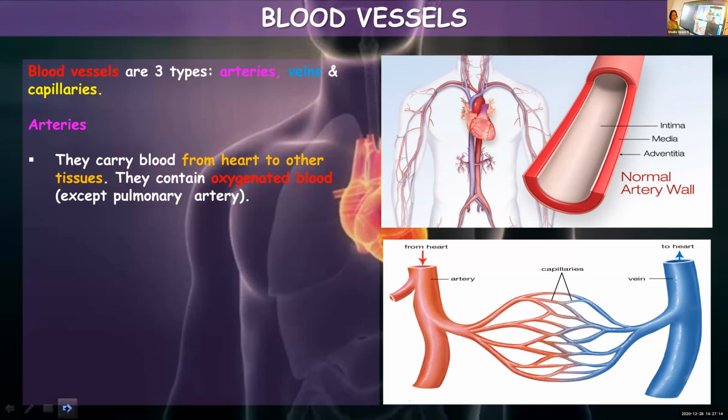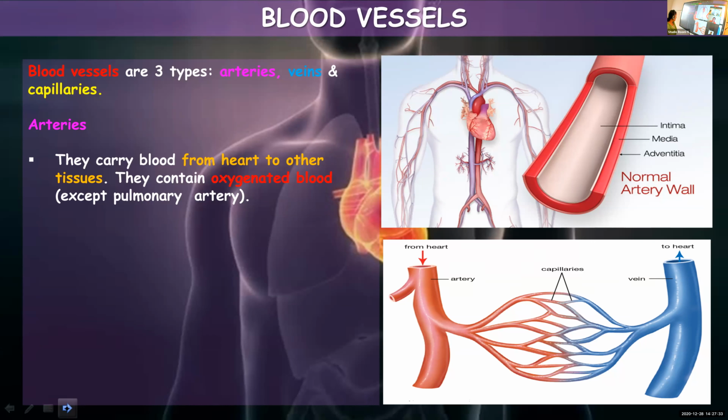There is an exception for both arteries and veins. All the arteries carry pure or oxygenated blood except the pulmonary artery. The pulmonary artery carries deoxygenated blood.